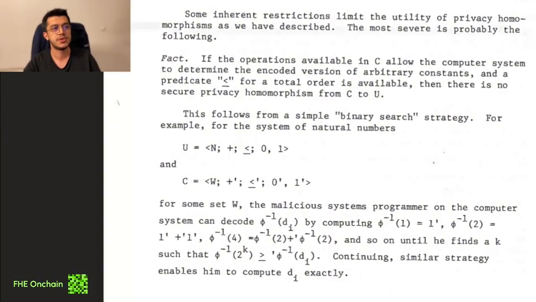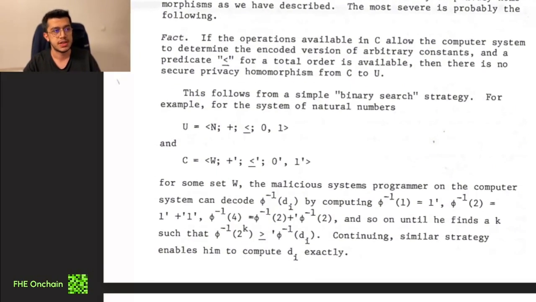For example, take a system of natural numbers, like the set N with addition operation, order, 0 and 1, and another algebraic structure C with some set W, addition, order, 0 and 1.